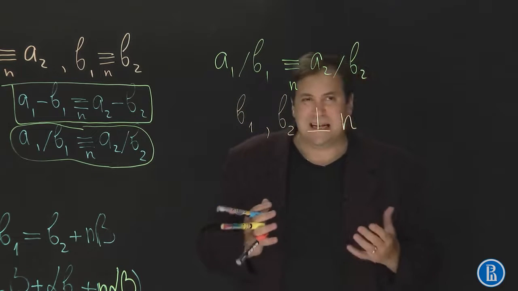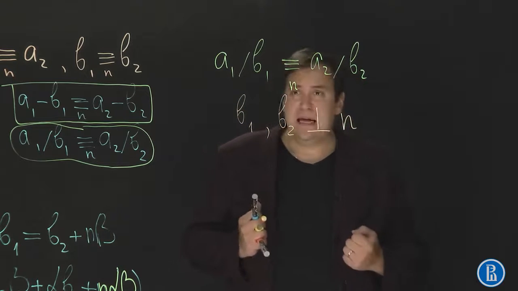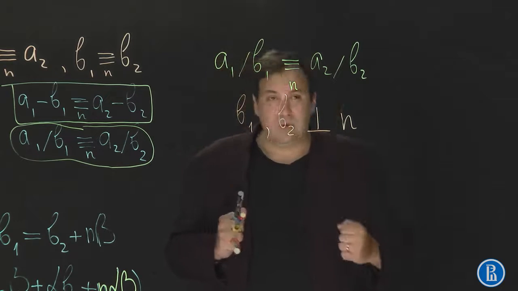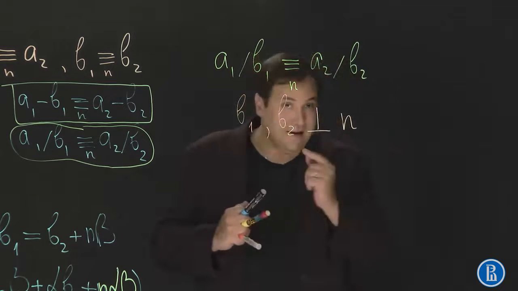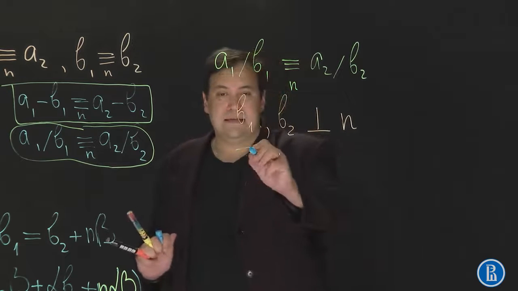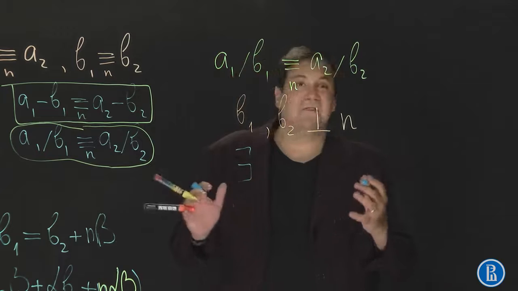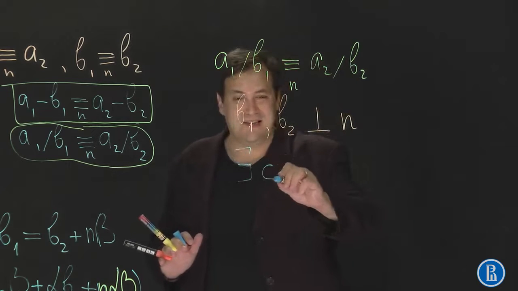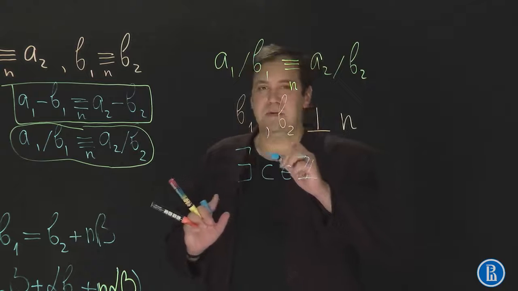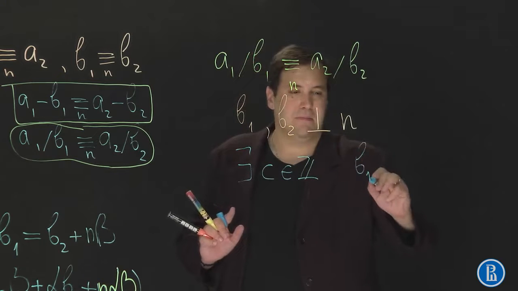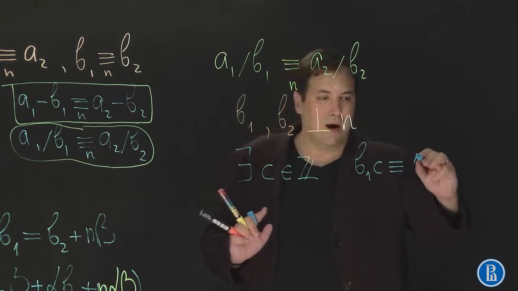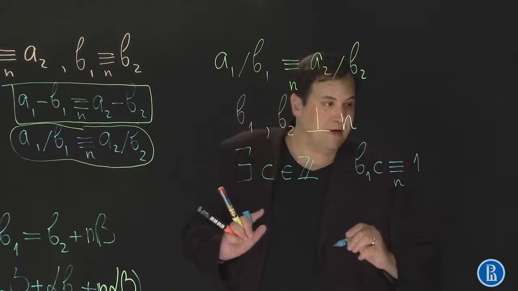Let me try to explain why this is so. Once again, if b1 and b2 are co-prime with n, then in this case there exists a fifth integer c such that b1 multiplied by c is congruent to 1 modulo n.